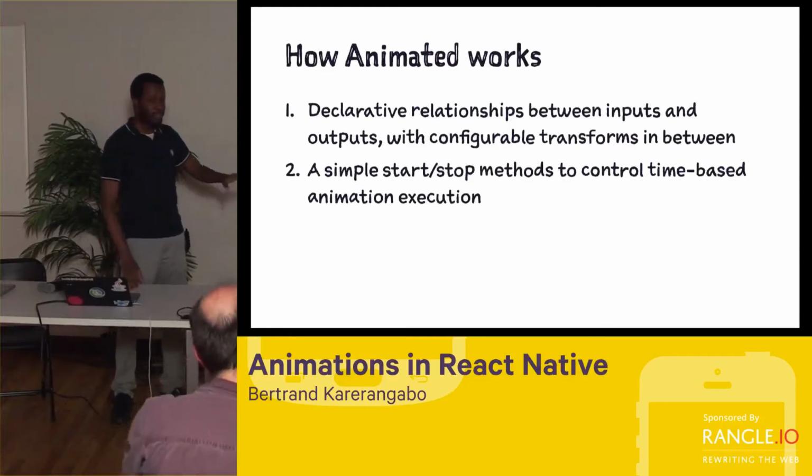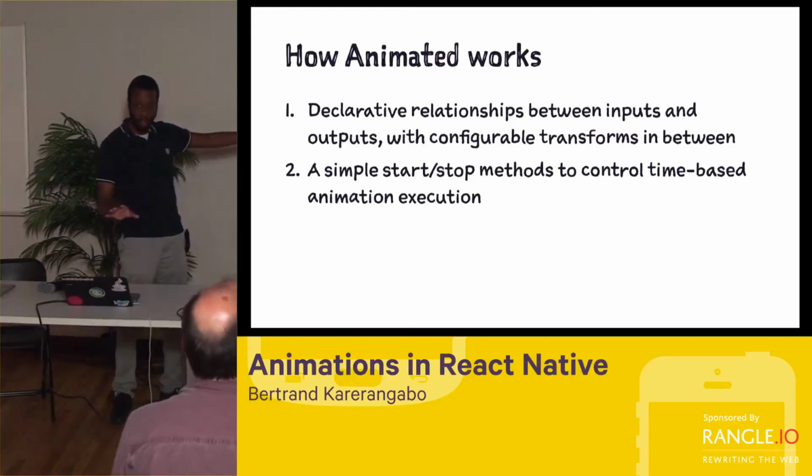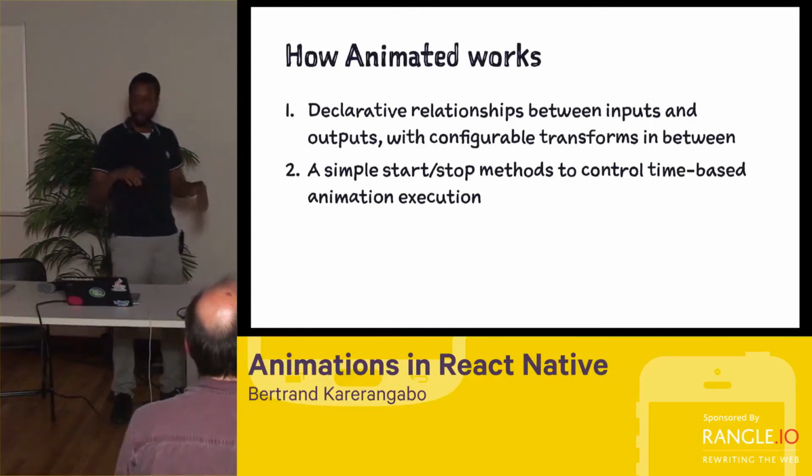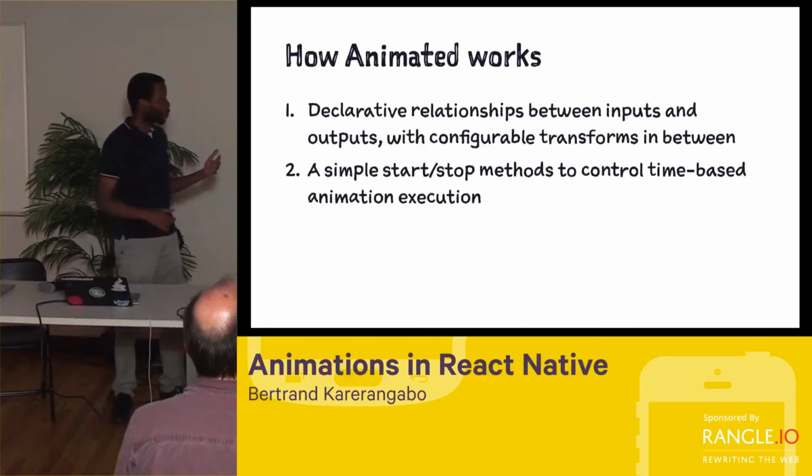It is more complicated, but only slightly so. We define, like I said, a declarative relationship. So we want to get out of the imperative animation, like what we've seen before in terms of the prior art, where you yourself are in charge of getting your current dimensions and moving them. The idea here is you have an input, which is some kind of value, and then it's going to be configured to output a new value, and in between those two values, it's going to be transformed in some way.